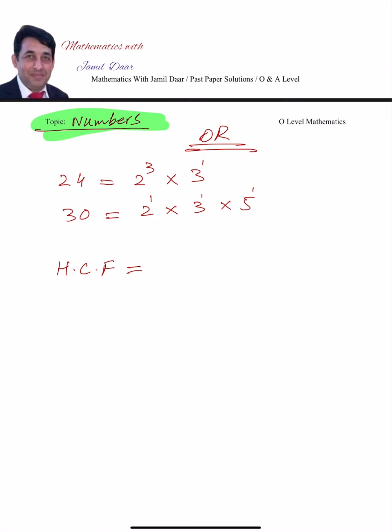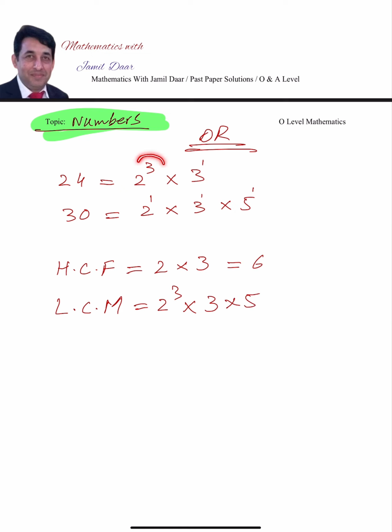The lowest power of 2 is 2 raised to power 1, and the lowest power of the common factor 3 is 1. For LCM, they take the highest powers: 2 raised to power 3, the common 3 with highest power 1, and the non-common 5.